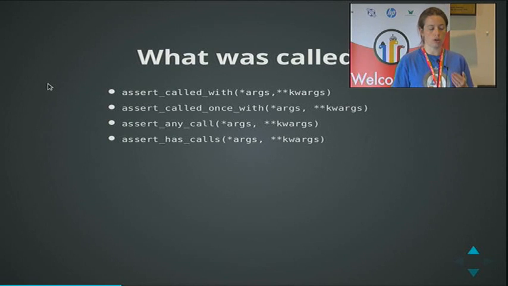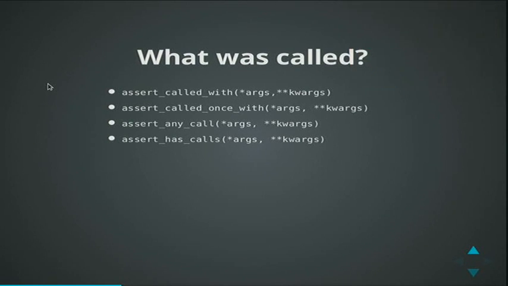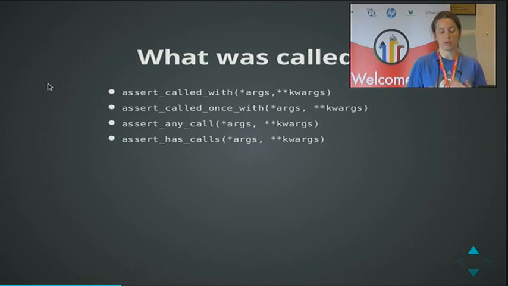So while your mocks are running and being used by your code, they're recording what's happening to them. And there is a family of functions, the assert functions, that you can use to see what happened afterwards. So we've got assert_called_with, which checks which arguments it was called with, and it looks at the last call that was made.